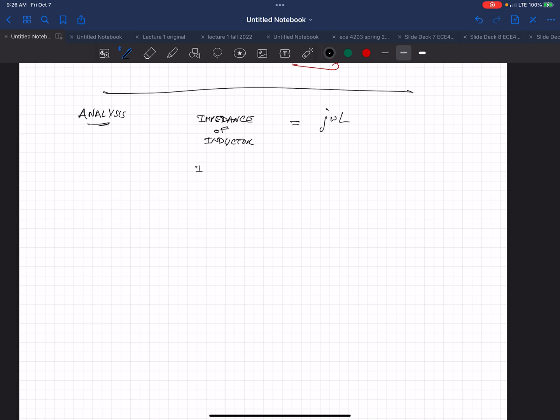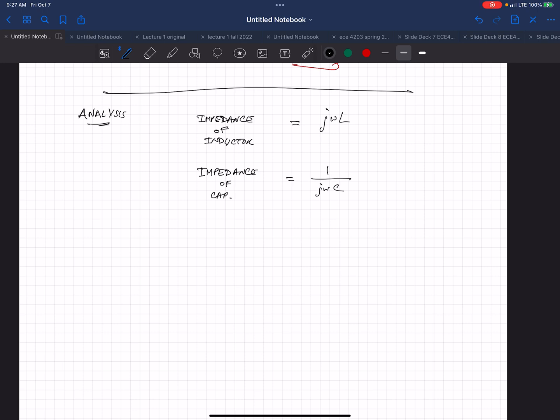And the impedance of a capacitor is 1 over j omega C. You guys are all good with that, right?